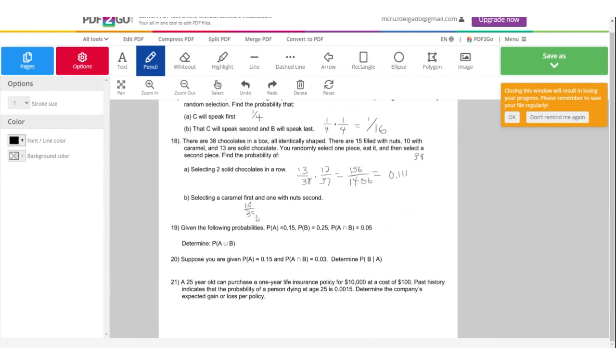Now, the second one doesn't involve caramel, so there's the same number with nuts, but there's still 37 because you've eaten one of the caramel ones. And so with nuts are 15. And that's the same thing that was over here.